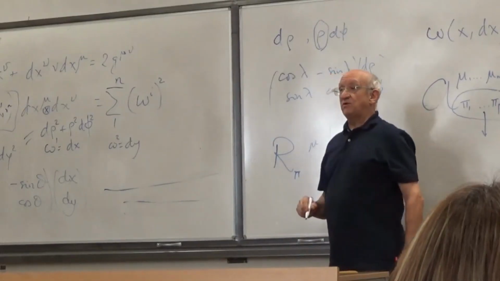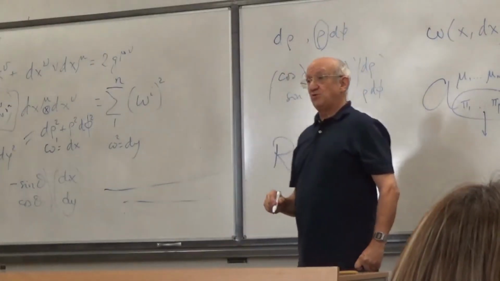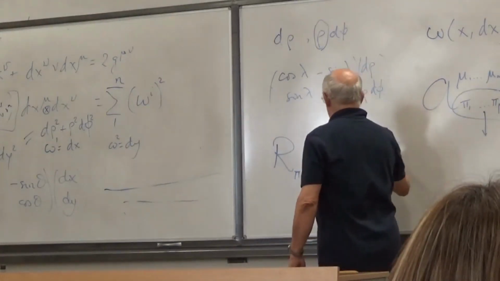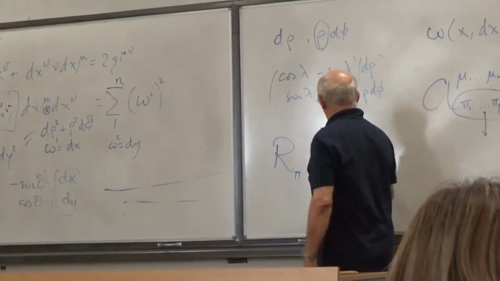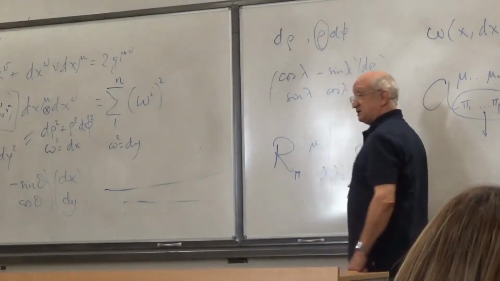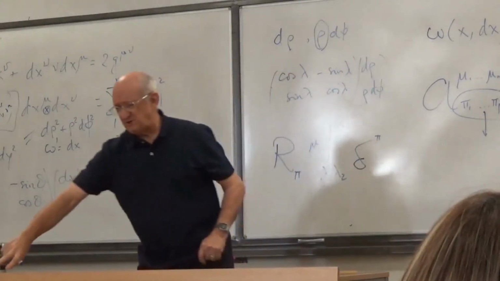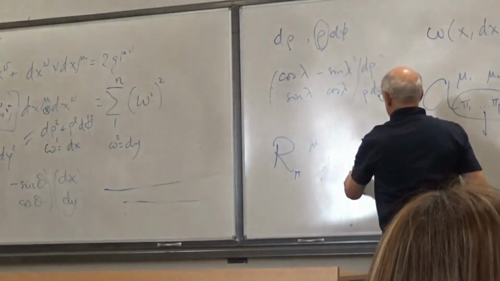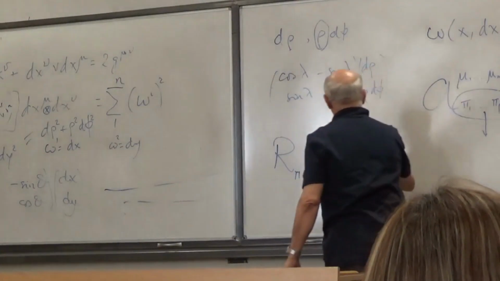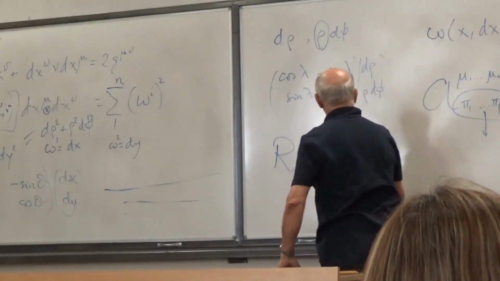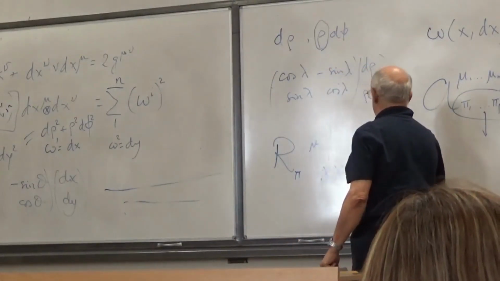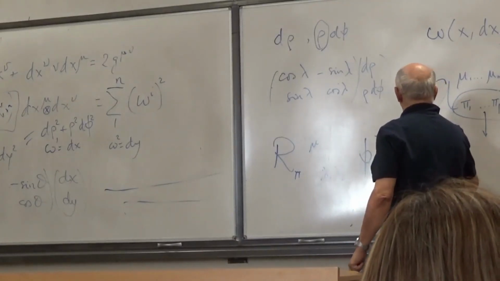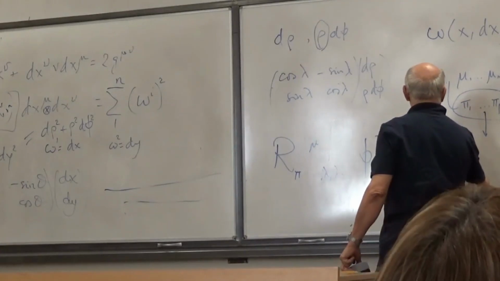Since I don't like to work with components, I'm going to complete the picture and say, this is going to be some basis of pi e mu omega lambda 1 omega lambda 2.